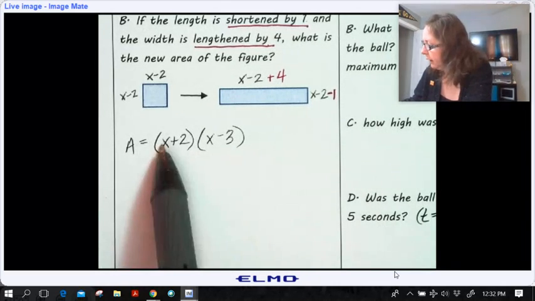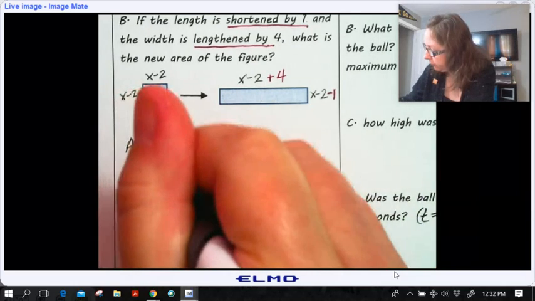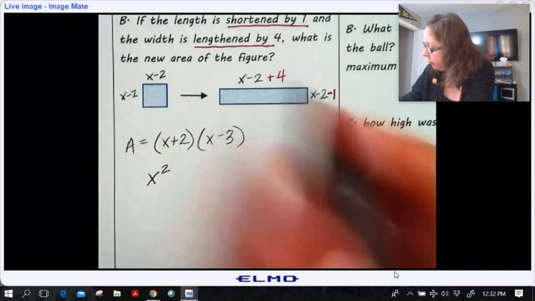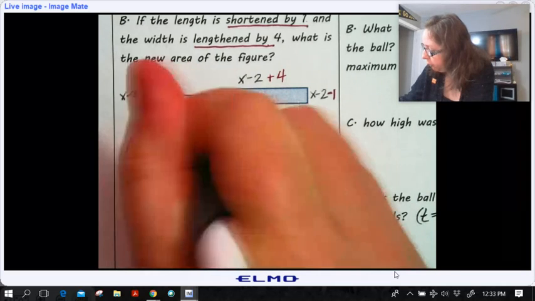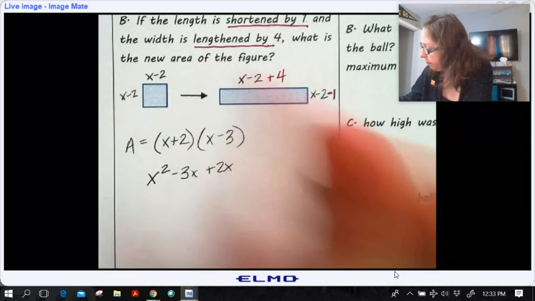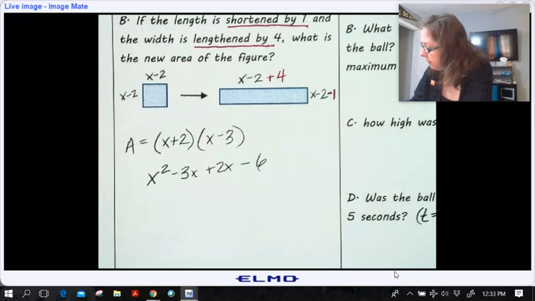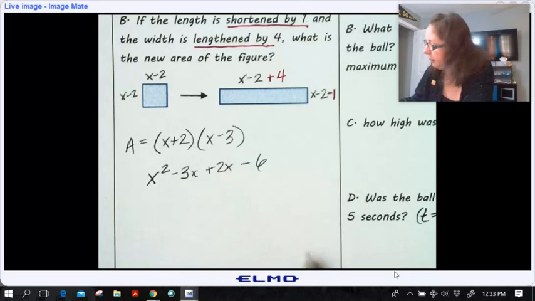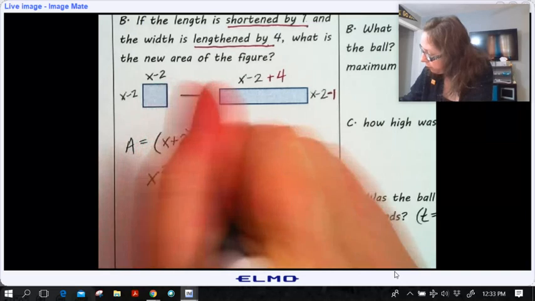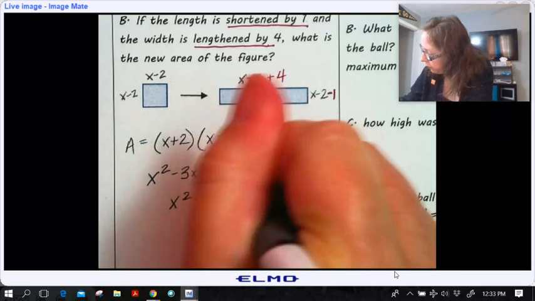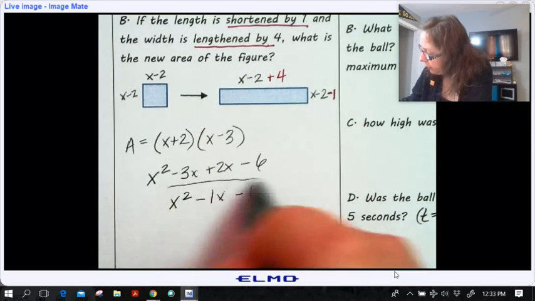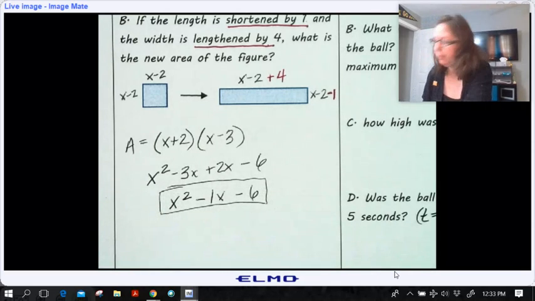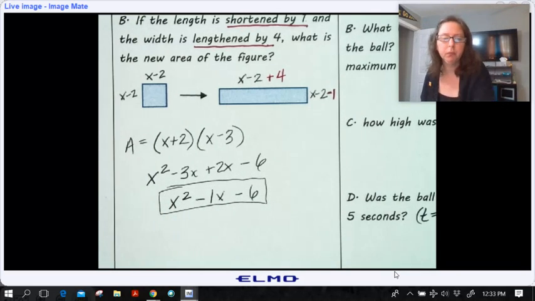So I'm going to get x² − 3x + 2x − 6. And then let's simplify these common terms in the middle. And this is my new area. It's my new area. All right.